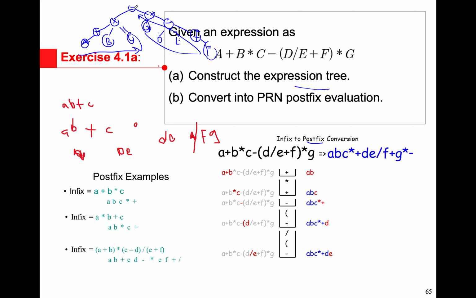So what happens over here when you have A plus B and then you multiply with C? If you look at the postfix example, you have A plus B multiplied with C.